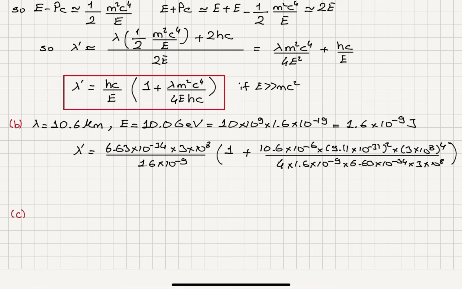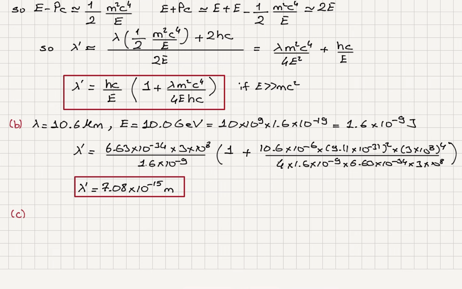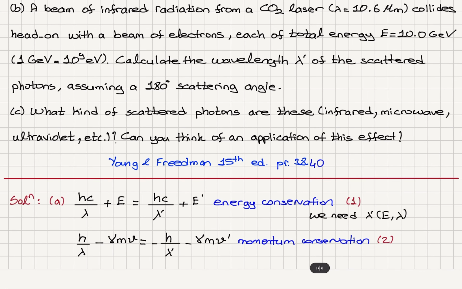And if we perform this calculation, we find the scattered photon wavelength to be 7.08 times 10 to the minus 15 meters. That's femtometers. Okay, part C. What kind of scattered photons are these? Infrared, microwave, ultraviolet, etc. Can you think of an application of this effect?